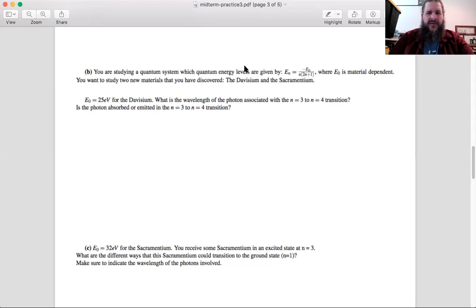If we just plug in the first few n values, like let's say we plug in n equals 1, what would this turn into?